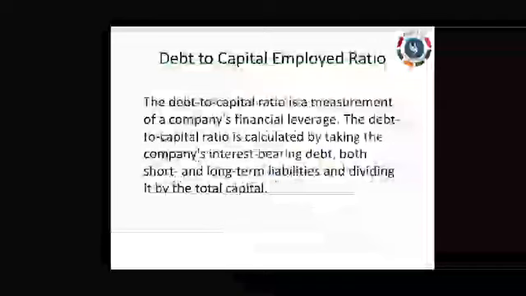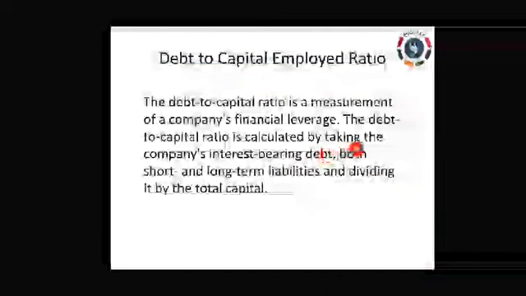Debt to equity ratio shows the proportion of long term debt in capital employed. If the ratio is very low, it provides security to lenders. A high ratio helps the management in trading on equity.